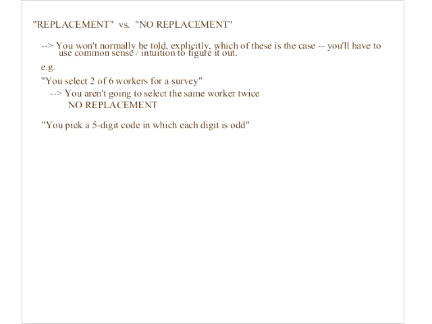The default assumption is that the digits don't have to be different. So this is with replacement. You're expected to use your own intuition about the situation at hand to figure out whether there is replacement or not.